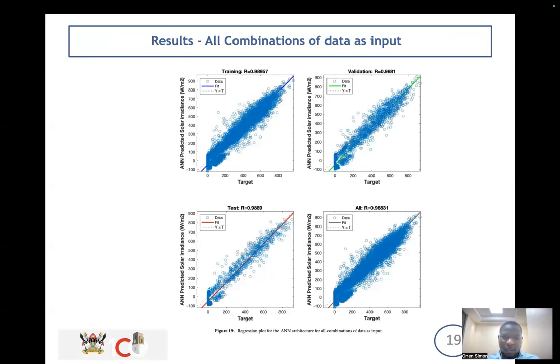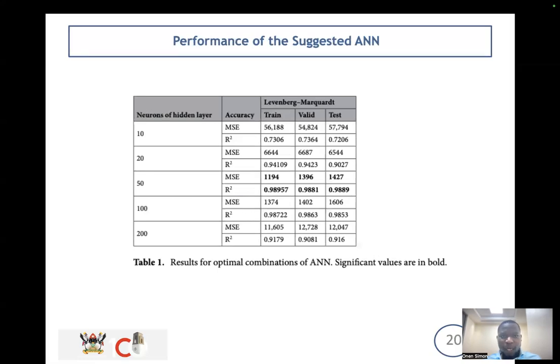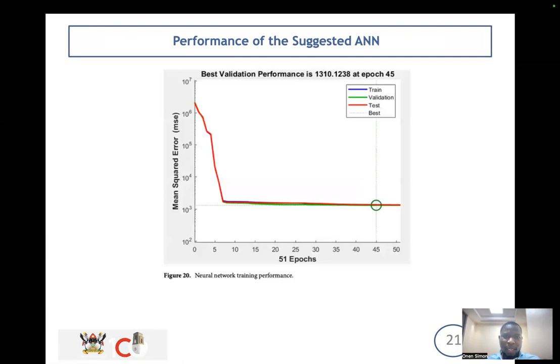On the training, they got an R2 score of 0.98, which was pretty good. For the general performance, they realized that at the 50th epoch is when they got optimum performance. An epoch is just a complete training cycle over the inputs. The performance, as you can see, was found at the 45th epoch.